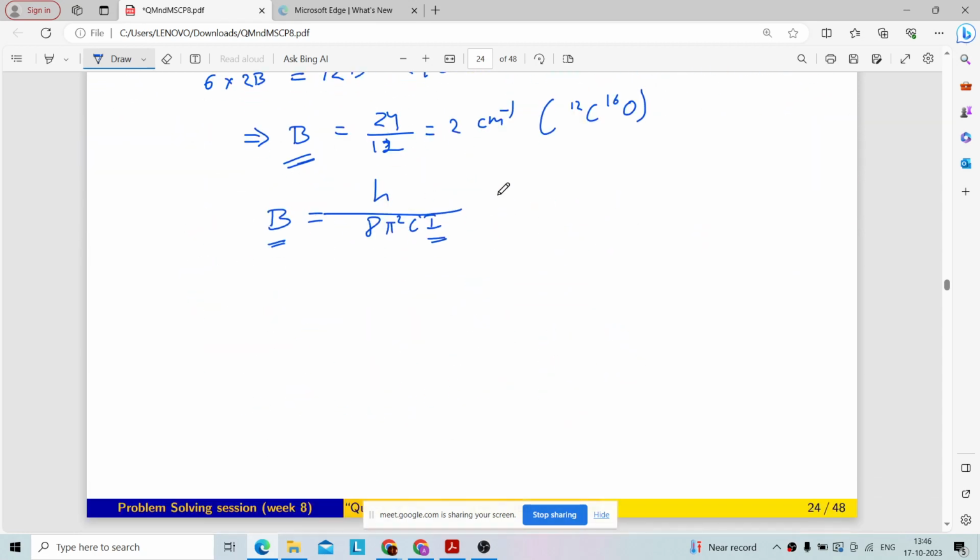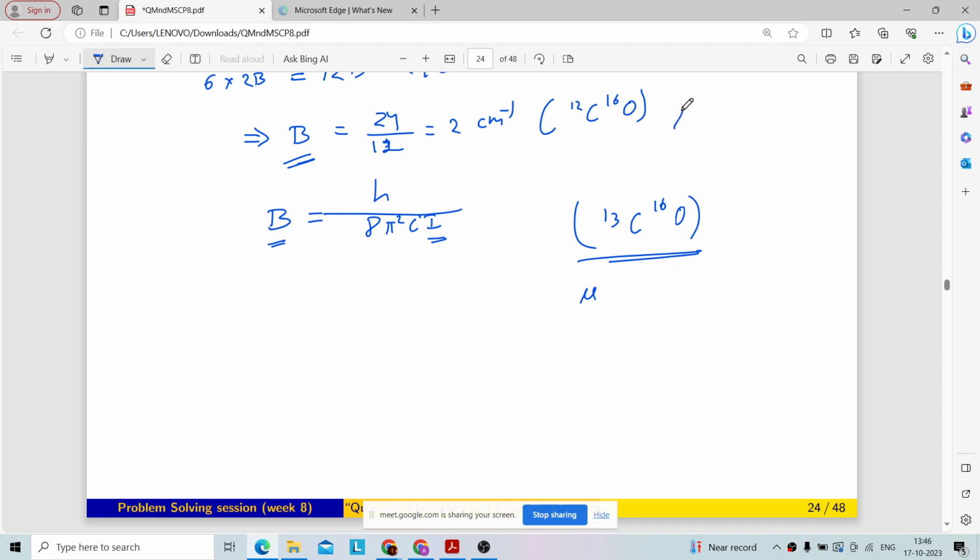Now for the case of 13C16O, what will change? There is one extra nucleon, right? So the reduced mass μ can change. The radius is very small, so its change is also very small. Let's assume the radius is almost constant. So what remains is the reduced mass.